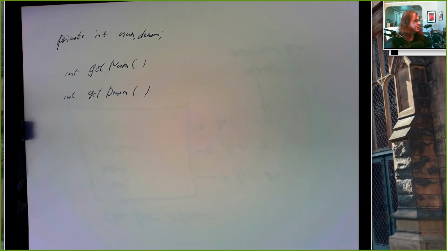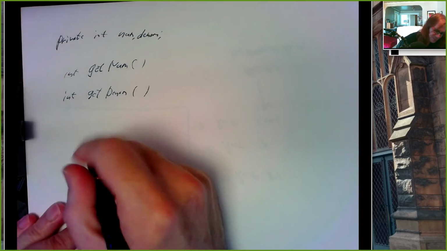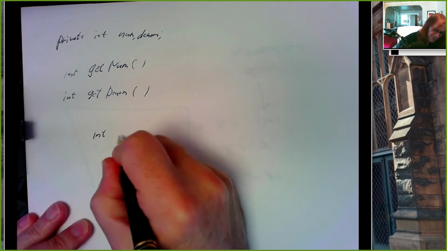All right, let's see. Yep, that's all there is to an accessor. Just return. You don't even need x dot numerator. If you're writing a method inside a class, and that class defines a field called num, here we'll do it right here, integer get num.